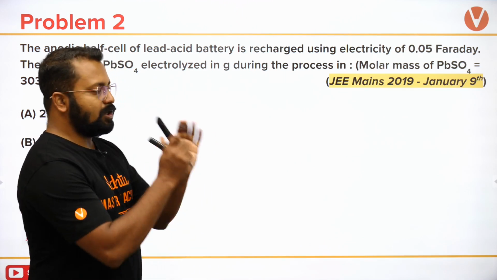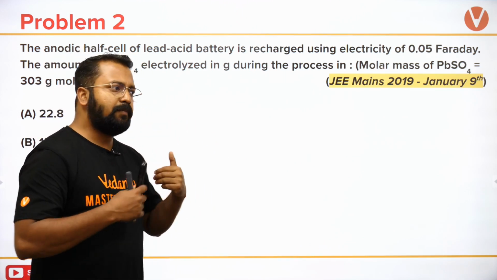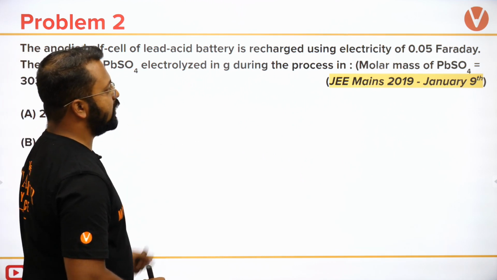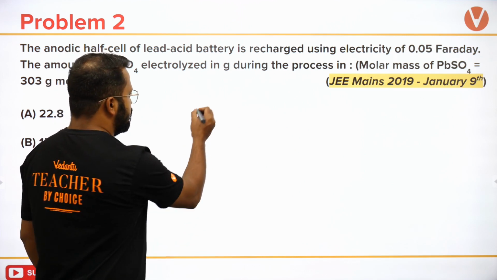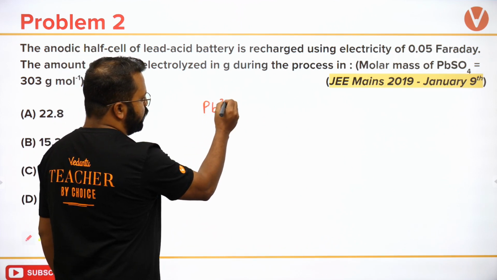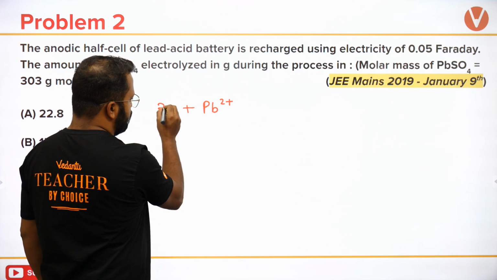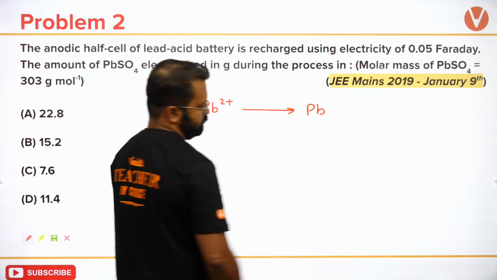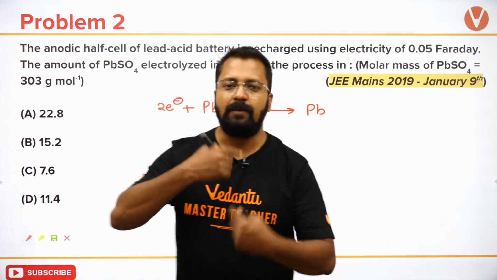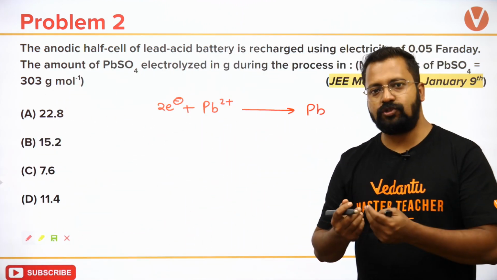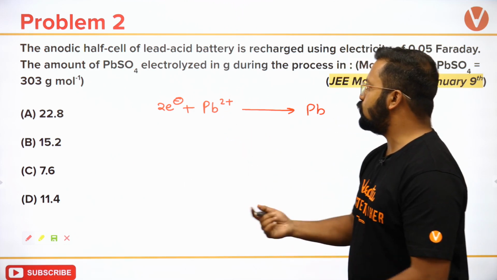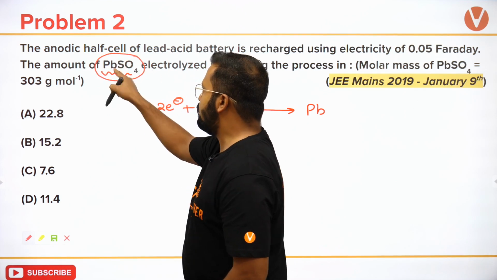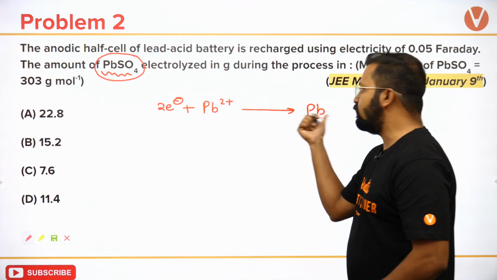The question uses the term lead acid battery, but think carefully that one of the reactions, if I'm recharging it, what happens is that Pb2 plus will take up 2 electrons and convert into Pb. Obviously this will happen. I'm supplying electrons, so Pb2 plus ions from the solution have to take electrons to convert into lead.